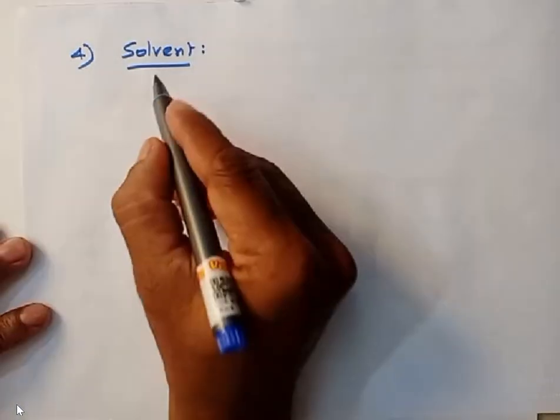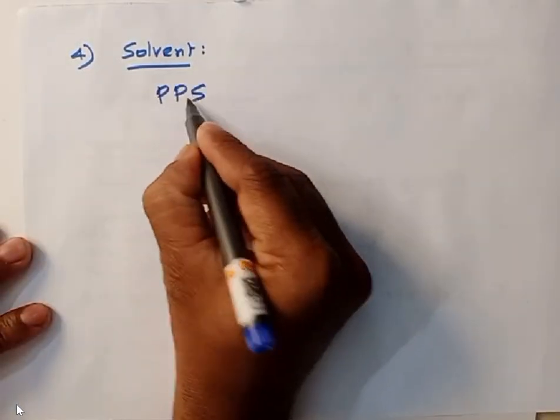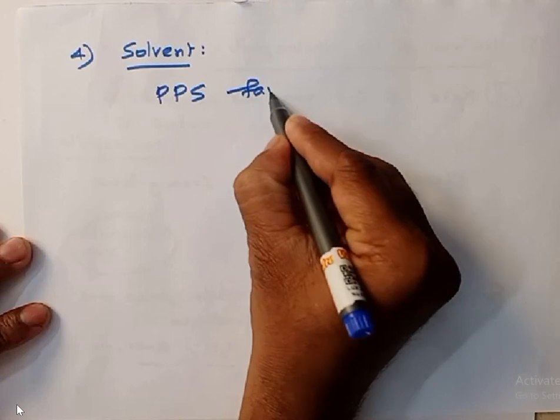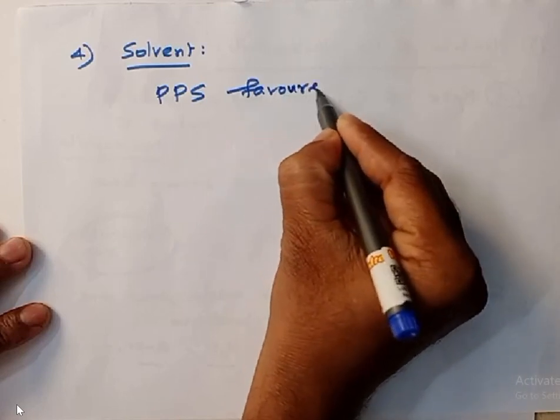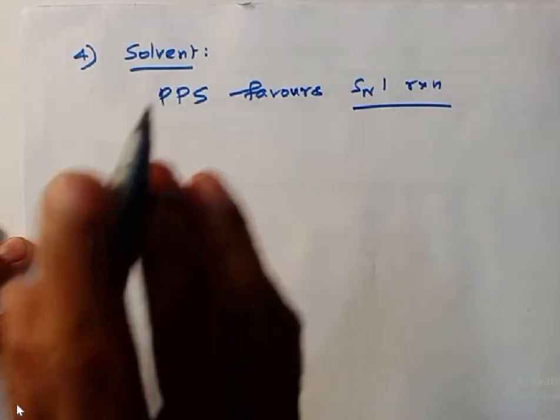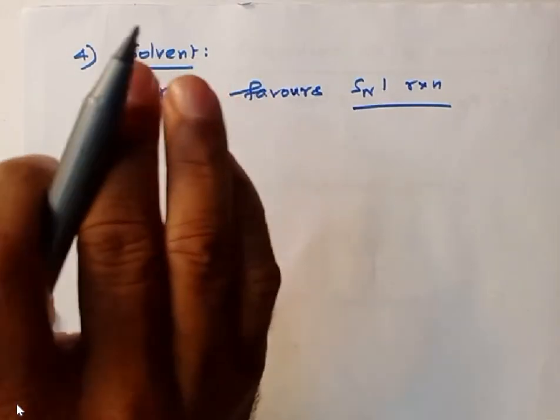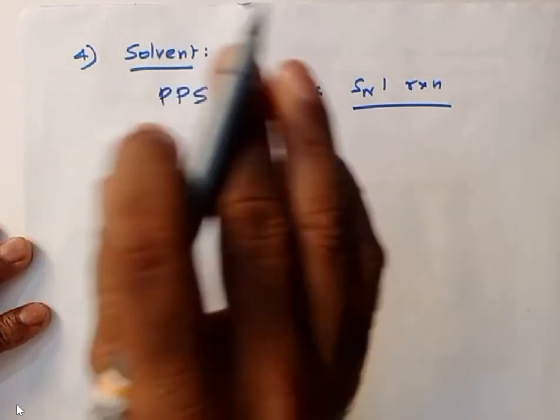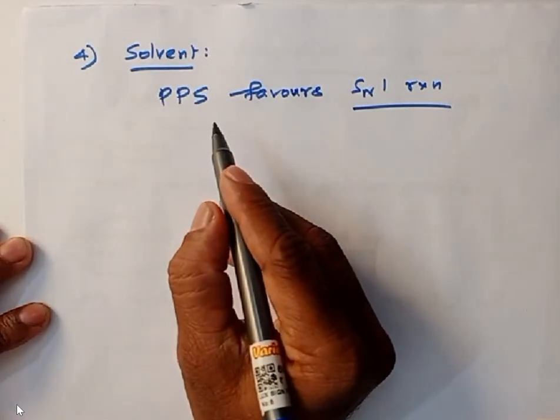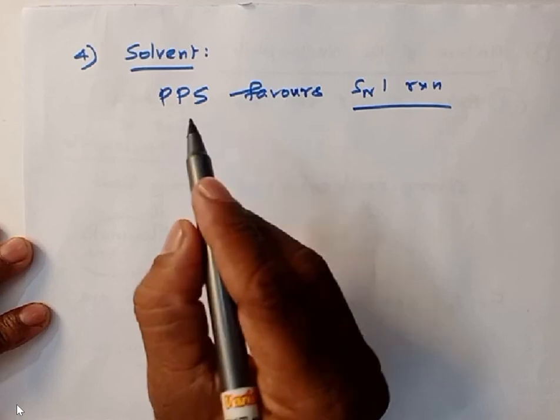Let me write here polar protic solvent, simply PPS. Polar protic solvent favors Sn1 reaction. Why? Because it can stabilize both the carbocation and the anion. So it helps in ionization and also stabilizes the ions.